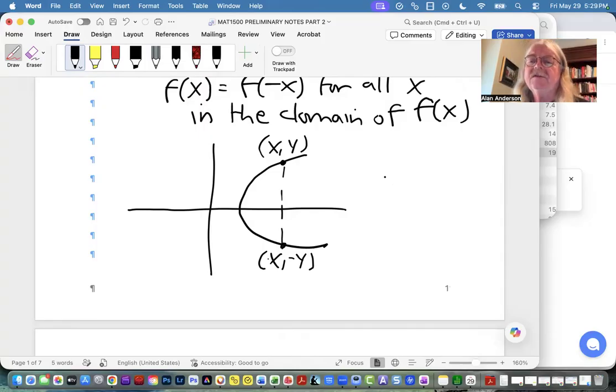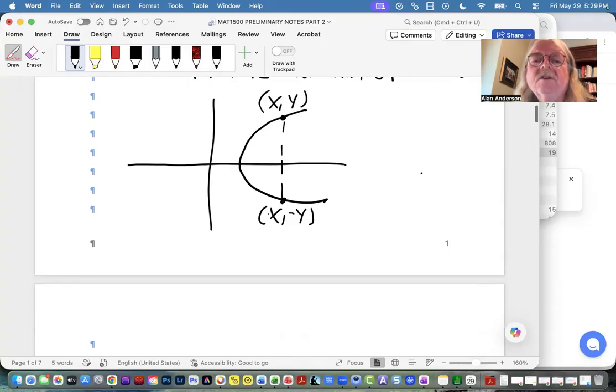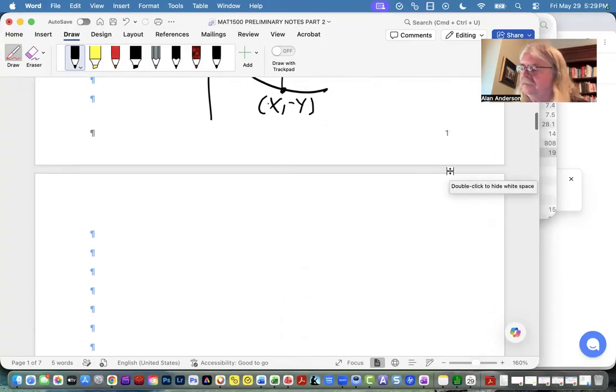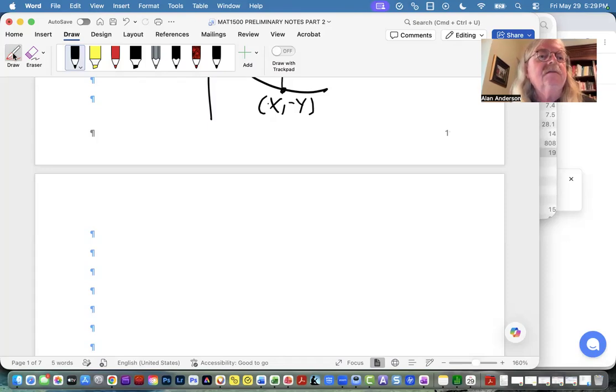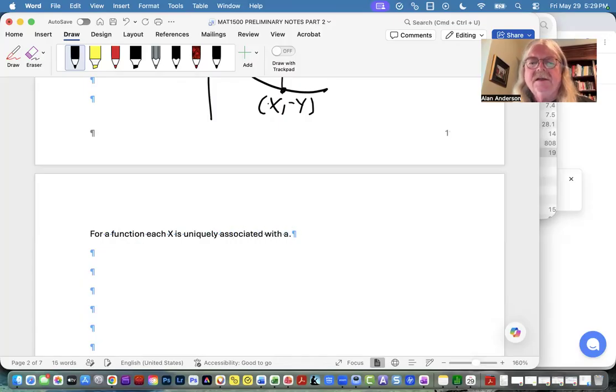It does not qualify as a function because if you remember, I mentioned last time that in order to be a function, it must be the case that each x is uniquely associated with a single value of y.